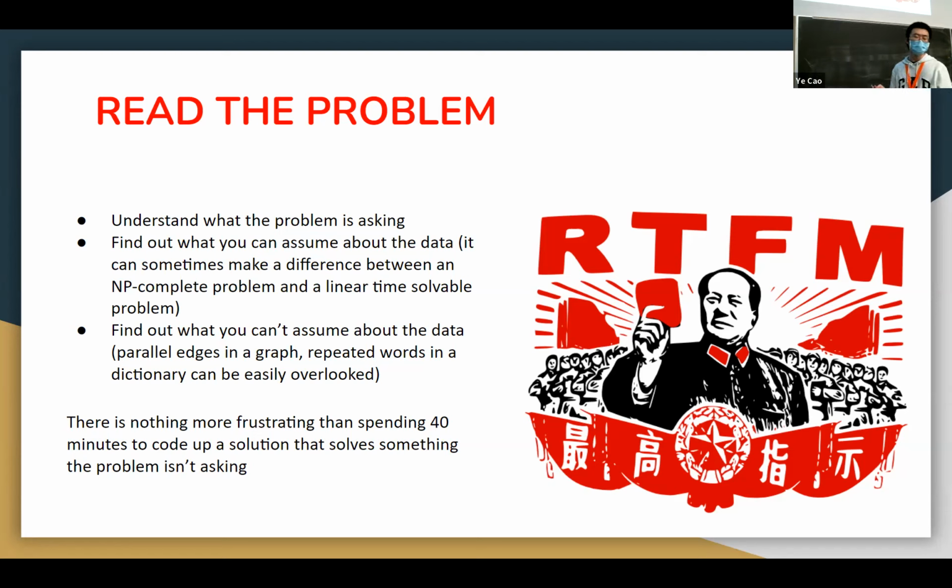For example, a couple weeks ago I was doing a problem, and when I first read it, it just read like solve a set packing problem. I was like, but that's NP hard, and the n is something like 10 to the 5. But then I read the problem again.